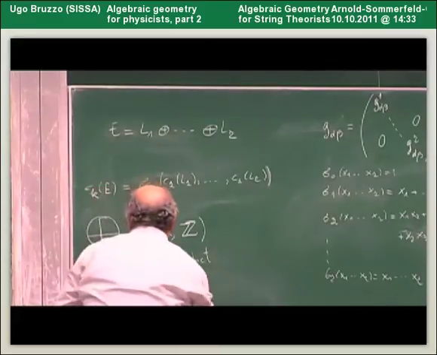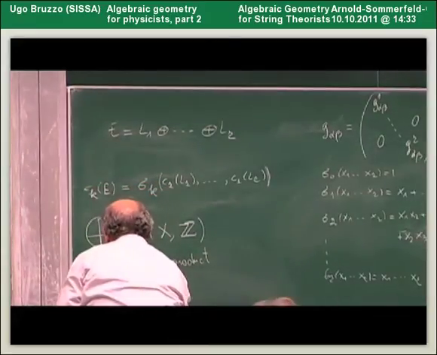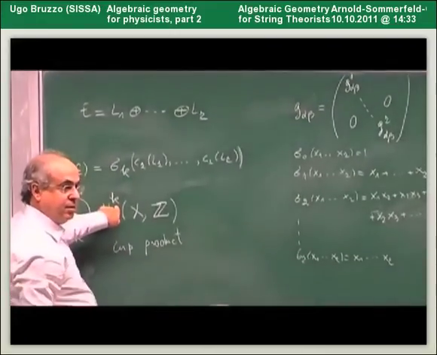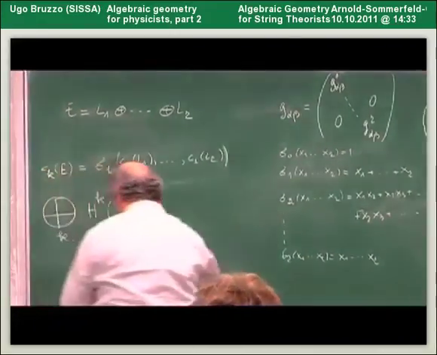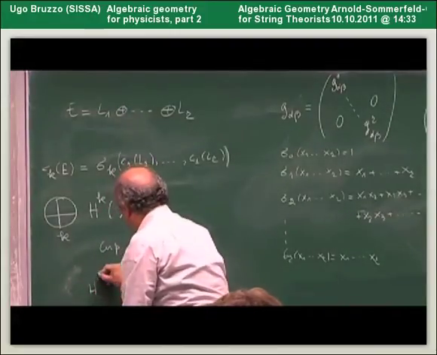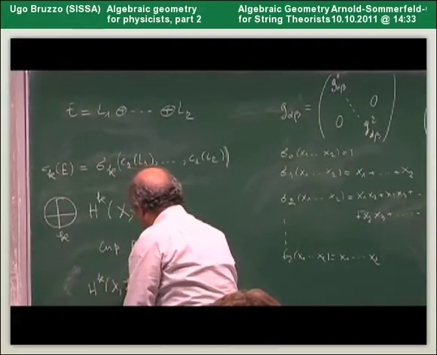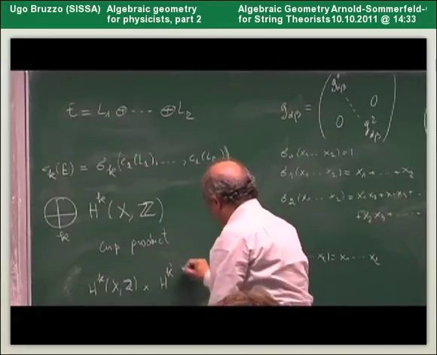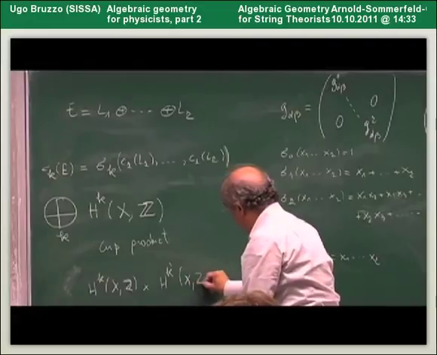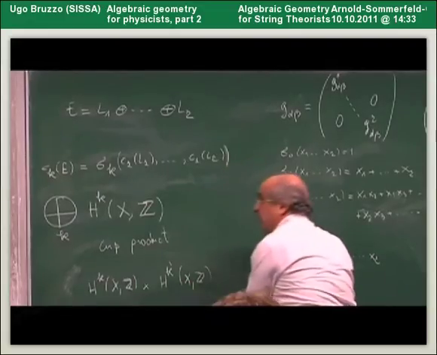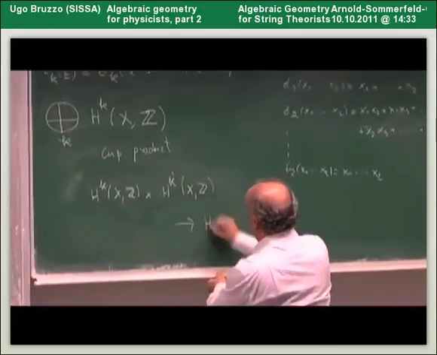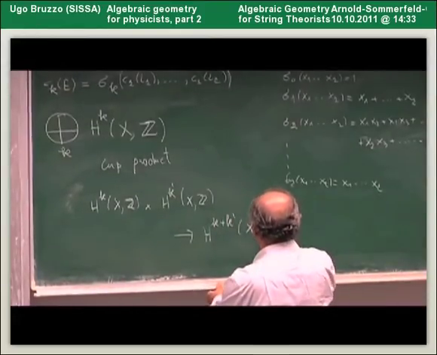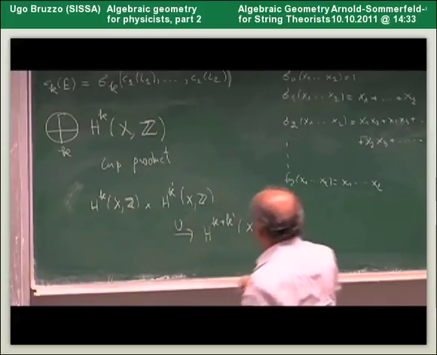This cup product is compatible with this grading, meaning that if I consider the cup product of two elements, one of order k and one of order k prime, the result will stay in H^(k+k').